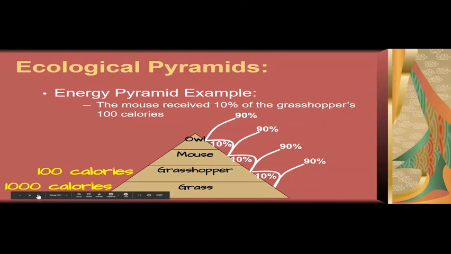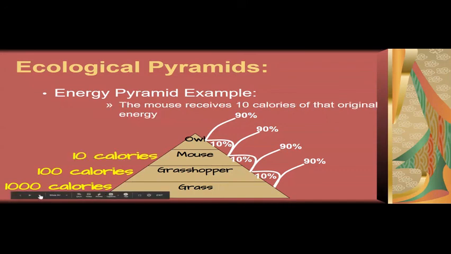The mouse received 10% of the grasshopper's 100 calories, meaning the mouse receives 10 calories of that original energy. And finally, the owl received 10% of the mouse's 10 calories, which means the owl receives only 1 calorie of the original energy.